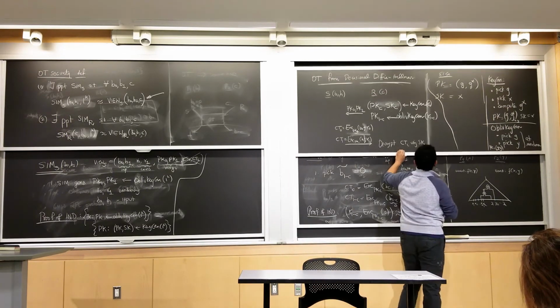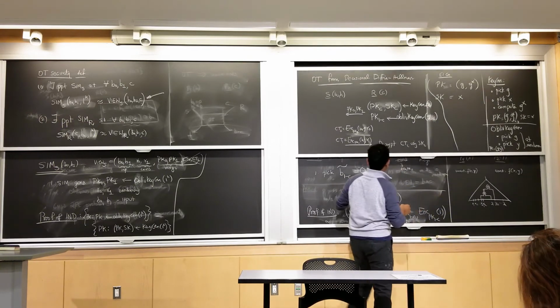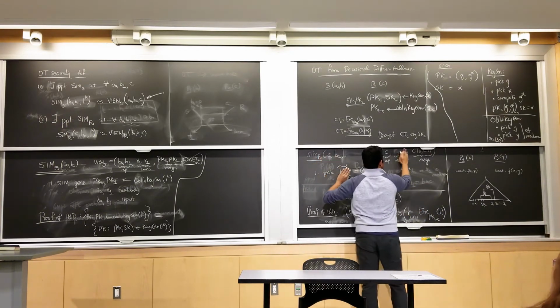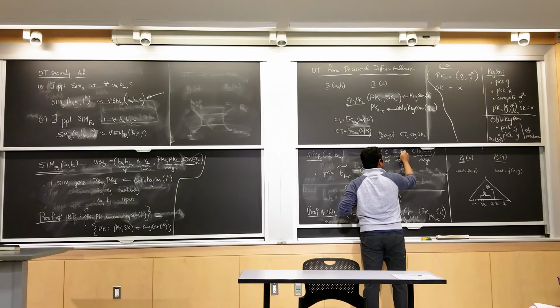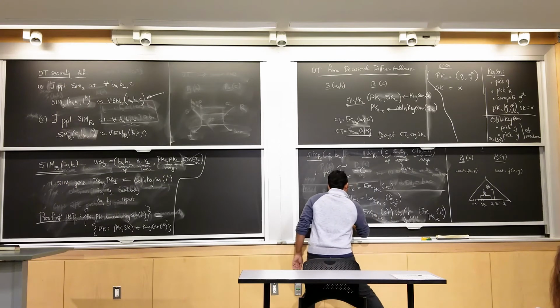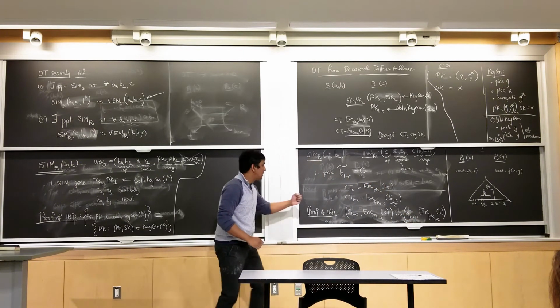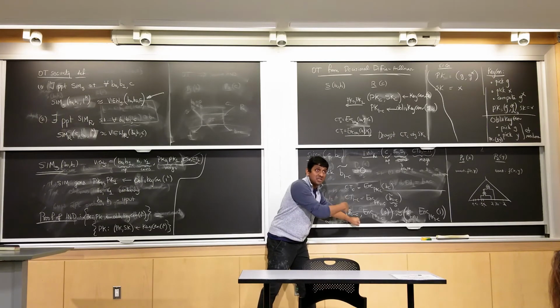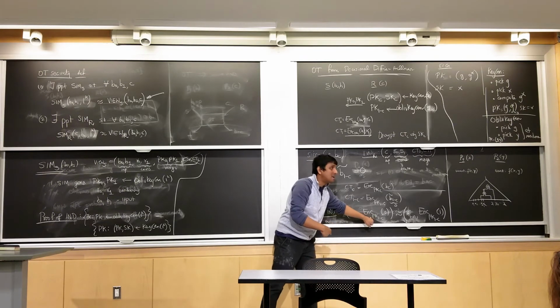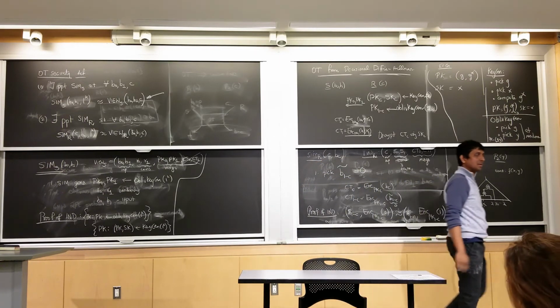Maybe I should actually call this by a different name, S sub C and S sub 1 minus C, just to be clear that it's not the randomness for the encryption, it's a randomness for the key generation. Even given the randomness used for the oblivious key generation, semantic security should hold. You should not be able to break the encryption.